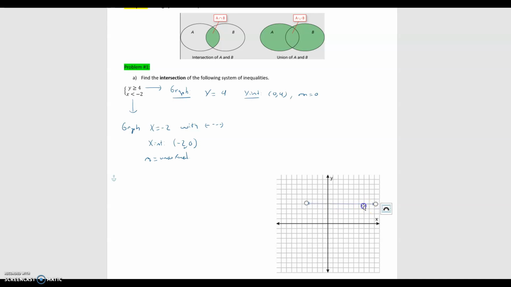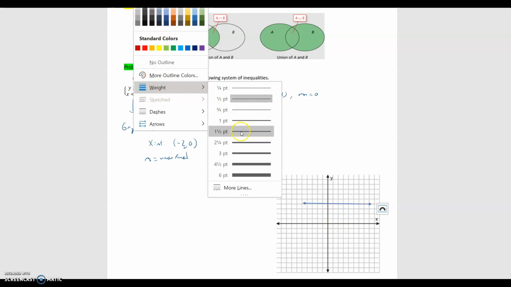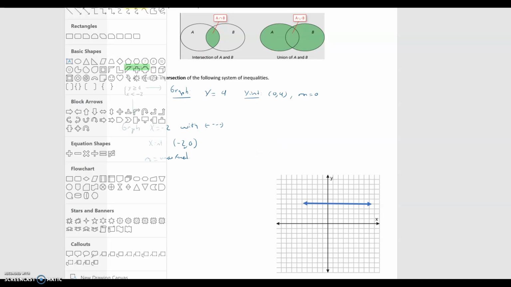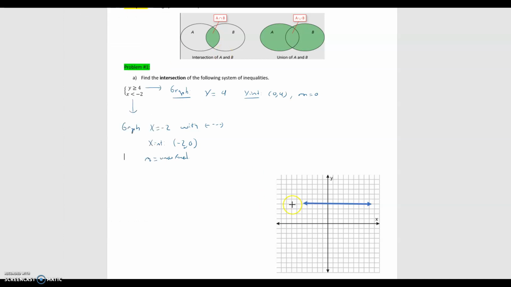Okay, so here's the first line. This represents y is equal to 4, 1, 2, 3, 4, with a solid line, and let me just make it a little bit thicker. And then we're going to do the vertical line at -2. Let me make it a little bit thicker and then technically dot it. Let me insert it again.